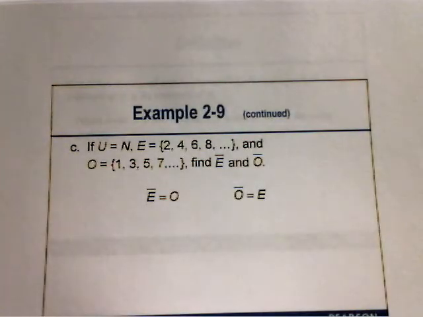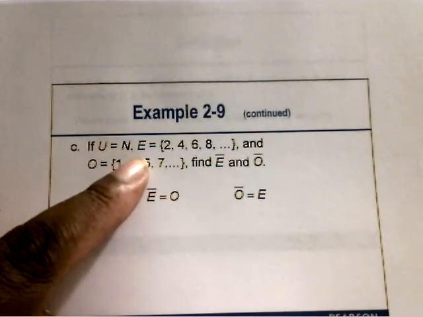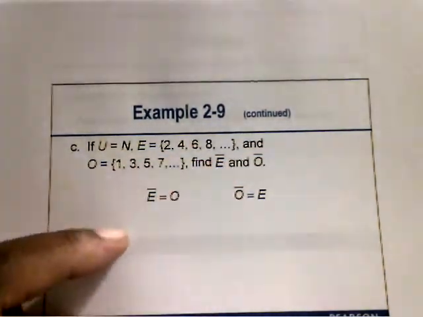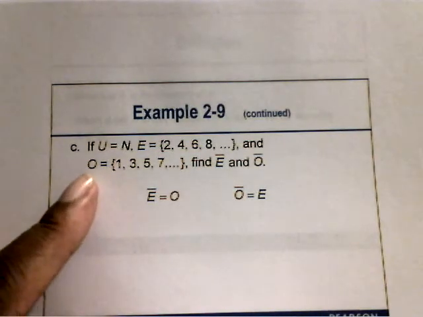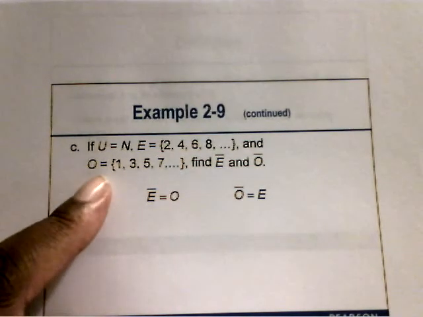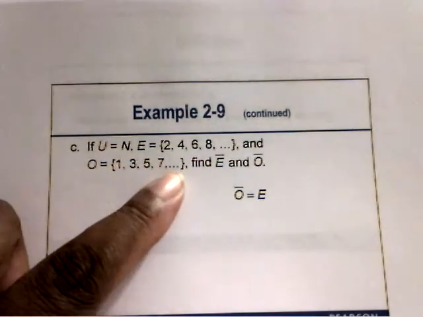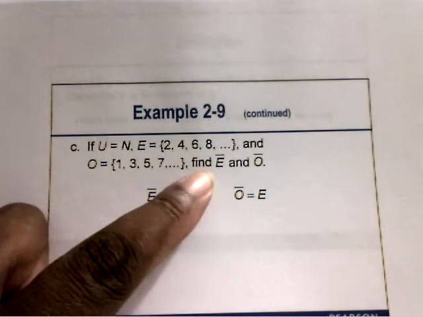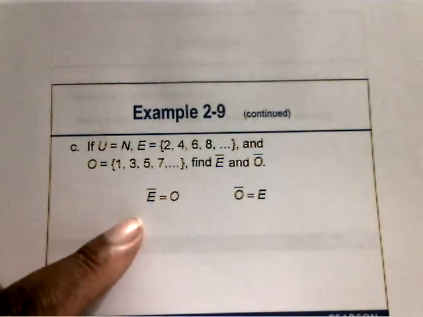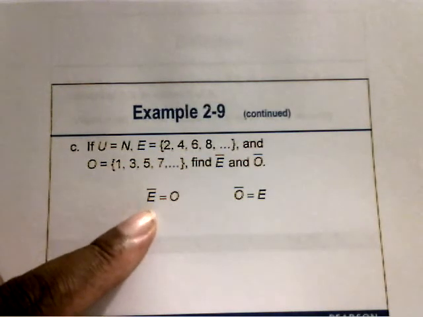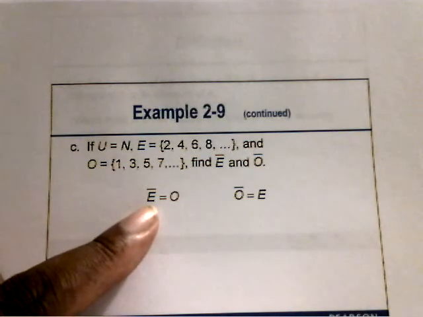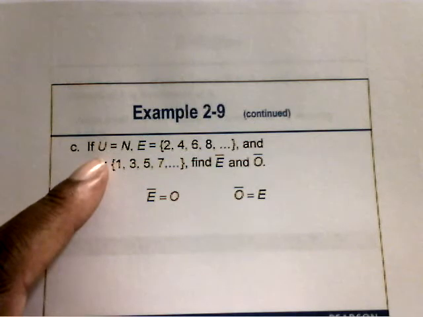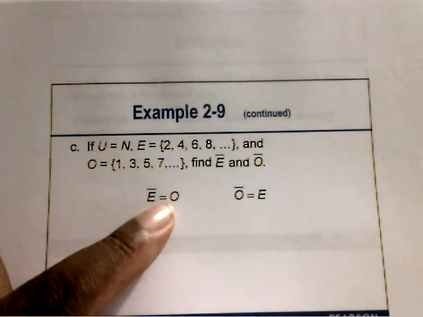And part C, if U is equal to the set of natural numbers called N, E is 2, 4, 6, 8, and so on, and O is the set of 1, 3, 5, 7, that's the set of odd numbers, find E complement and O complement. Well, E complement is the set of all numbers in the universal set that are not even numbers, so you're just left with just the odd numbers.